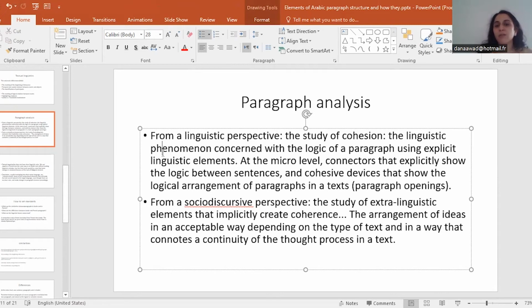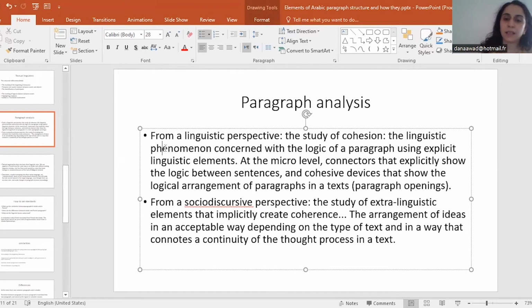At the micro level, we have connectors that explicitly show logic between sentences, or punctuation marks. And at the macro level, how do we link separate paragraphs together? We have cohesive devices that show the logical arrangement of paragraphs in a text.